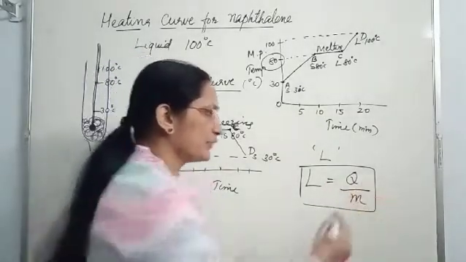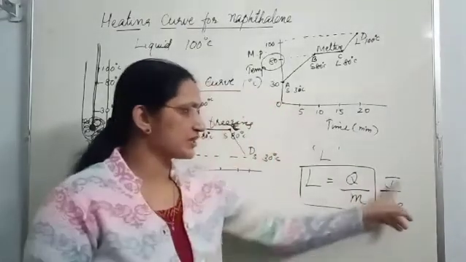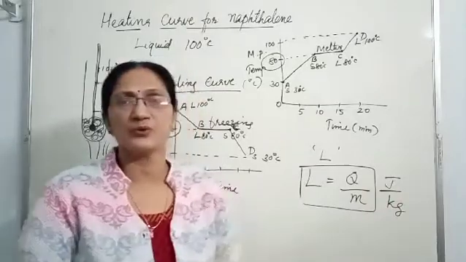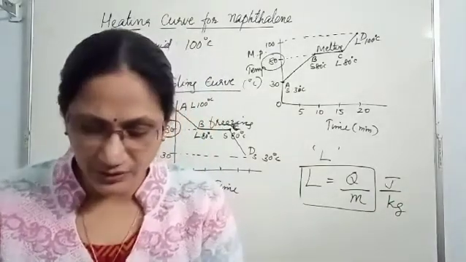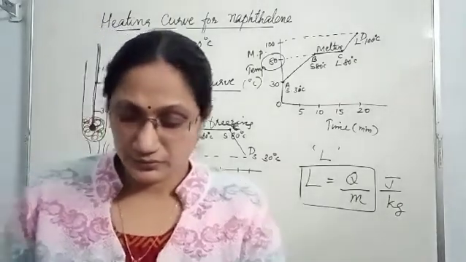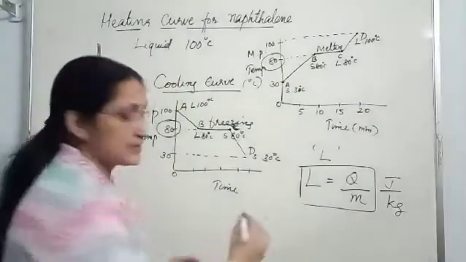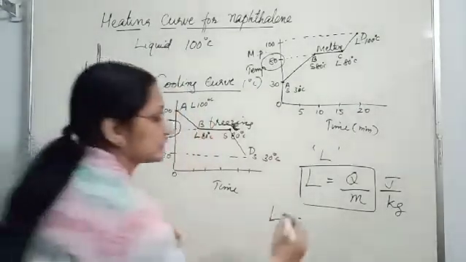Q upon M, its unit is joule per kilogram. Heat is measured in joule, mass in kilogram. So joule per kilogram is the unit of specific latent heat of fusion. For ice, the specific latent heat of fusion is 336 joule per gram.